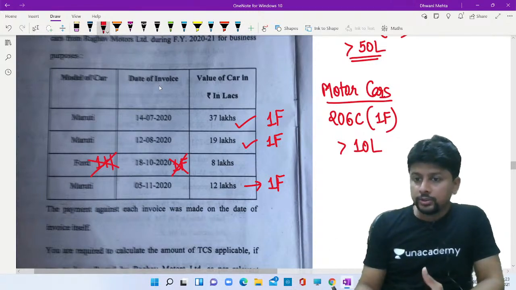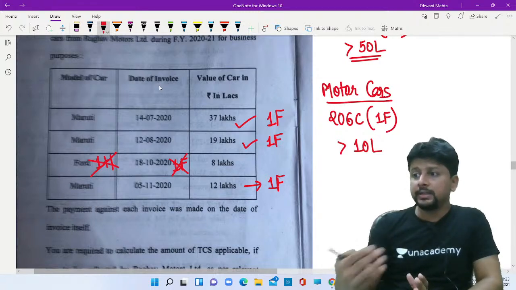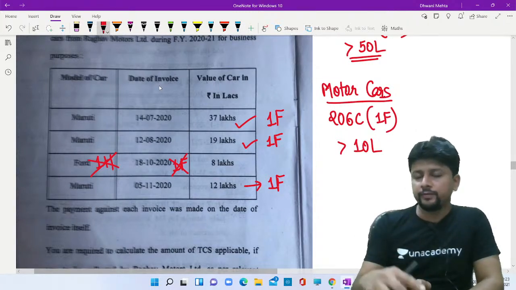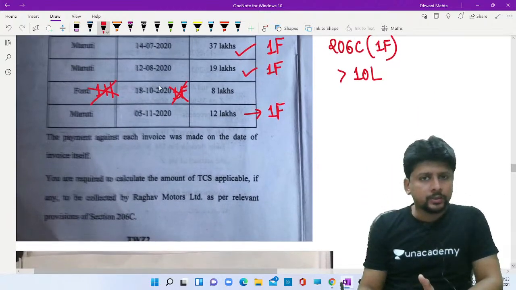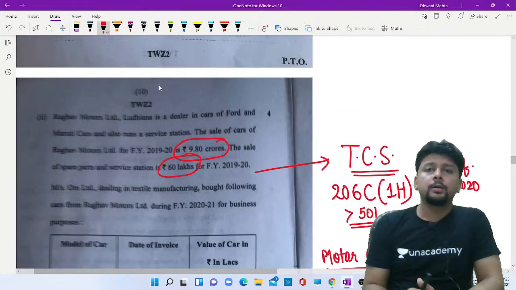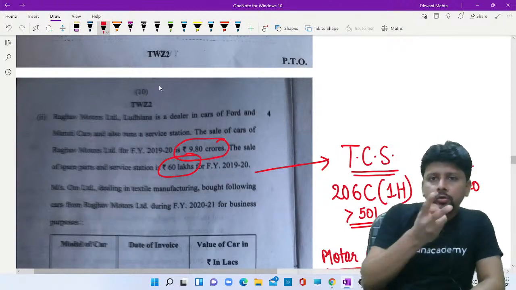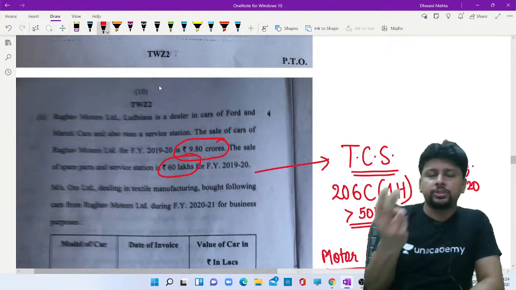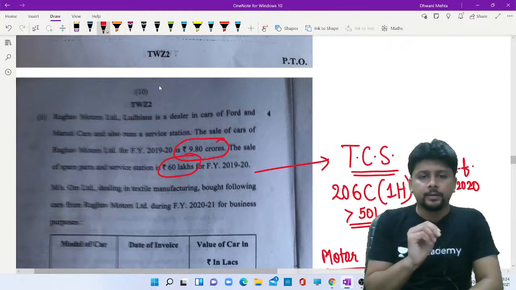And so a student had to simultaneously think of 1F also and 1H also. Honestly speaking, even this was manageable for a student who had focused on the amendments and the interplay between 1H and 1F. You can easily solve this part.